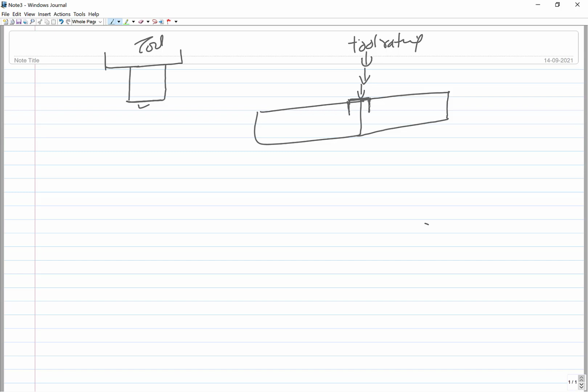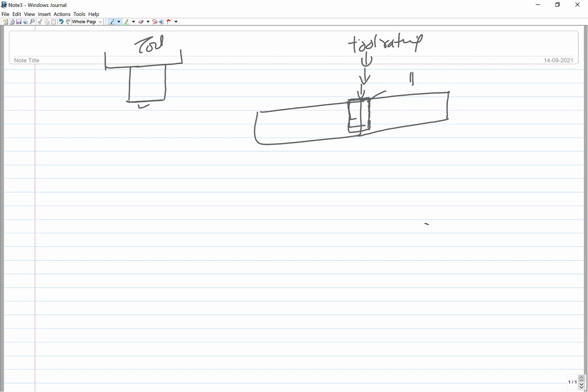So this is first lowering down the rotating tool or moving up the workpiece, so that the rotating tool is plunged into the workpiece gradually. This has to be done very gradually, because the metal is hard, it is at a lower temperature, so it will not allow the penetration so fast.